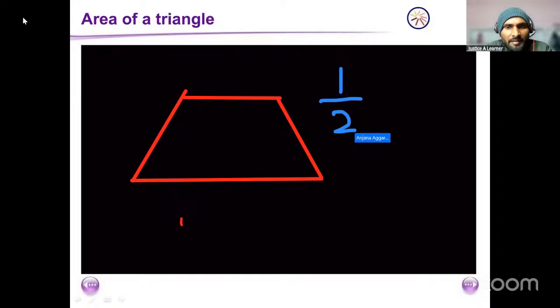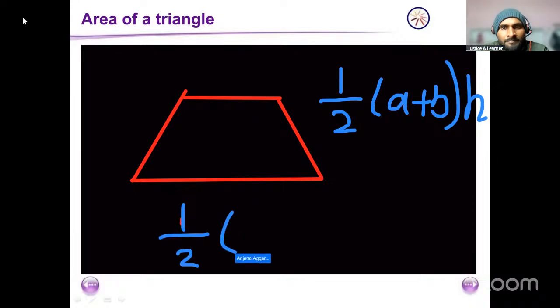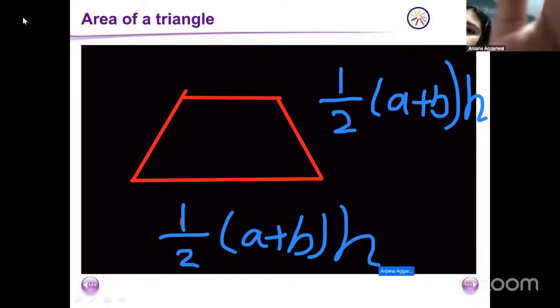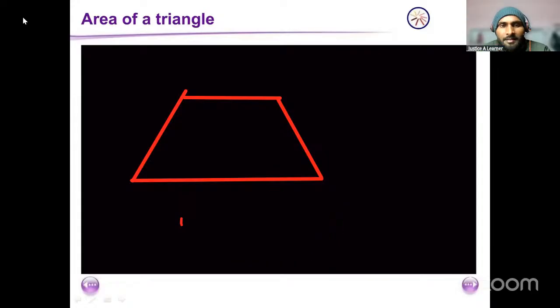What will be the area? Very good. Nice, lovely. Okay, great.